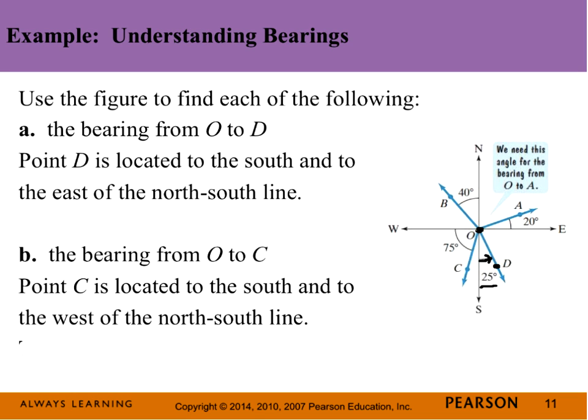So to state the bearing for the position from O to D, I would say that's on the south side of the north-south line. It's 25 degrees, and it moves to the east. Easy enough, huh? And then the next one asks us to do OC.